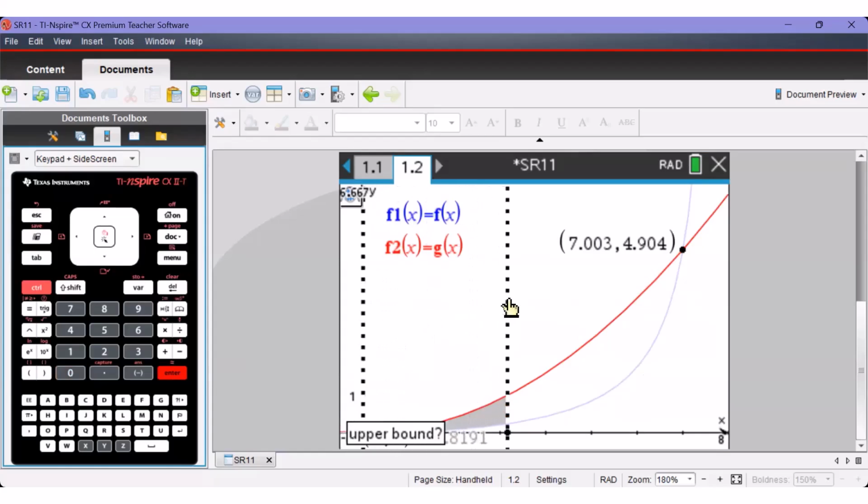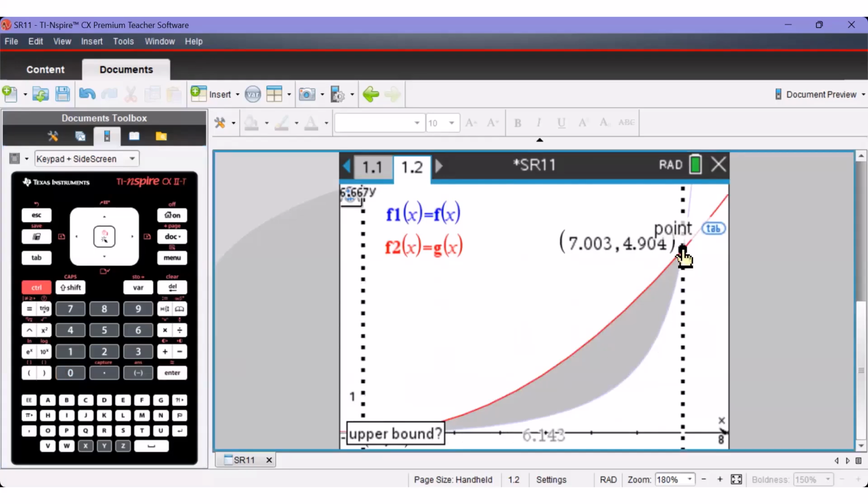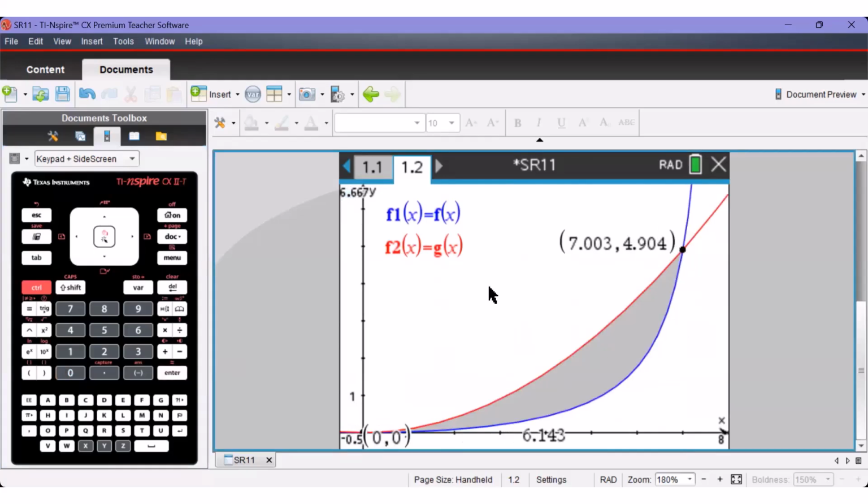Now we have a prompt for the upper bound, and the approach here would be to move your cursor. So use the navigation pad, move the cursor until you make contact with that intersection point there, which I've made contact because it's telling me that I've made contact, and then press click or enter. And we can see now that that bounded region is shaded.